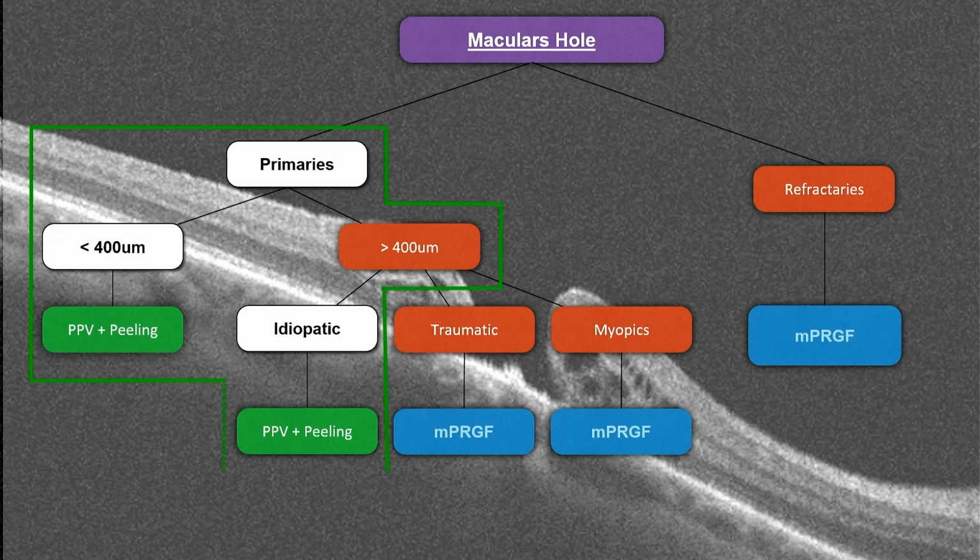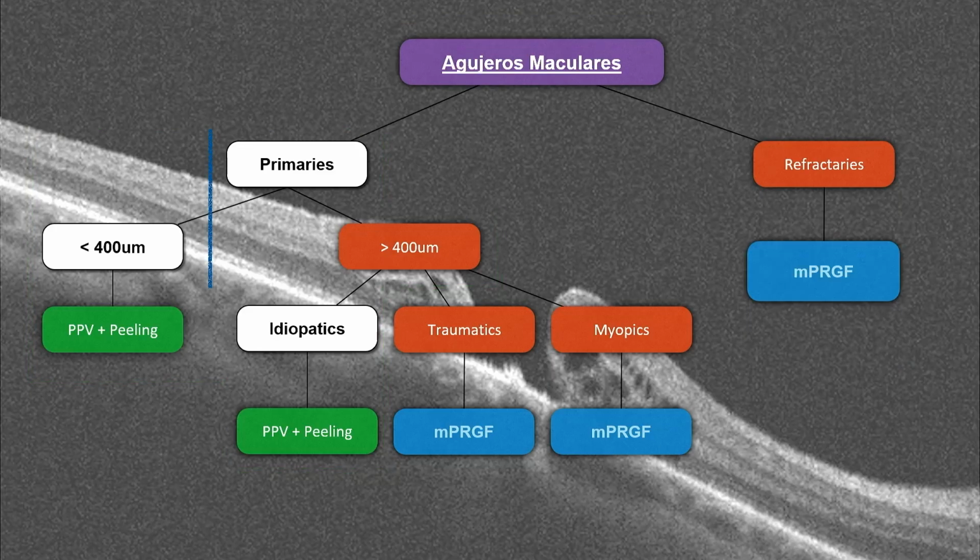In simple cases, we just do PPV and peeling. But in traumatic cases, myopic patients or refractory macular holes, what can we do different from the techniques that we know? So we propose to use a platelet-rich growth factor membrane.